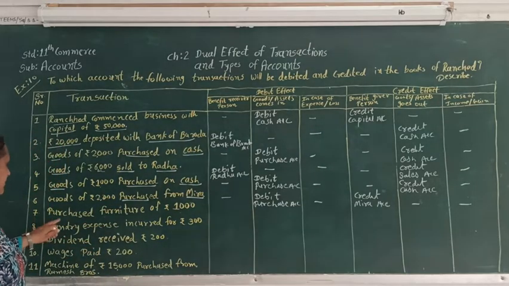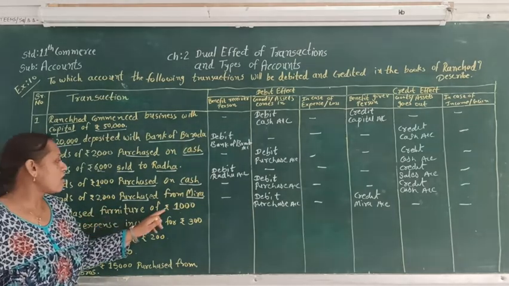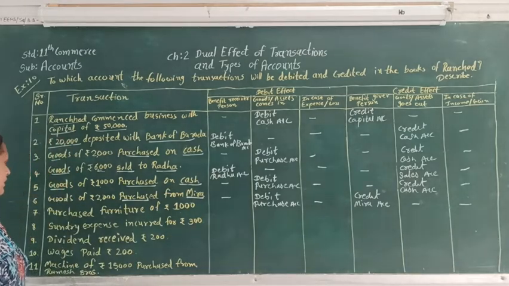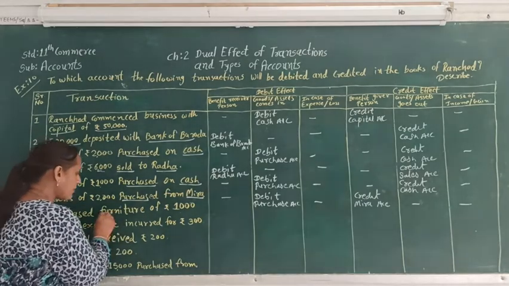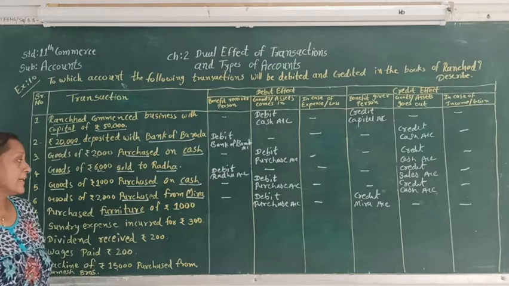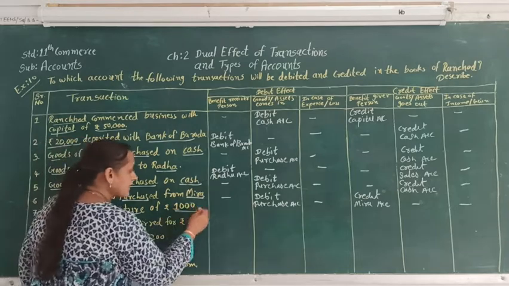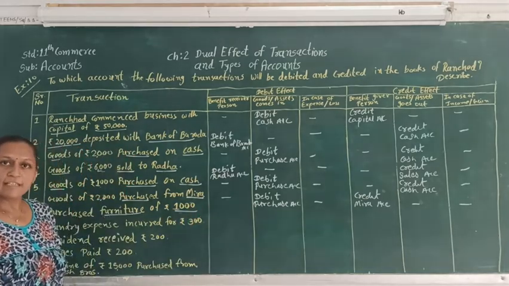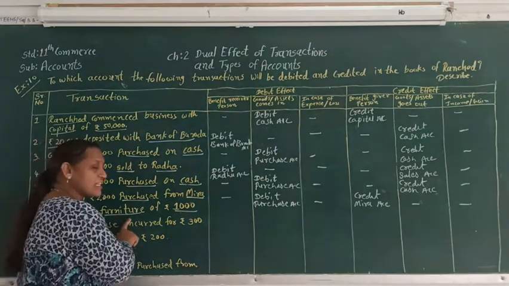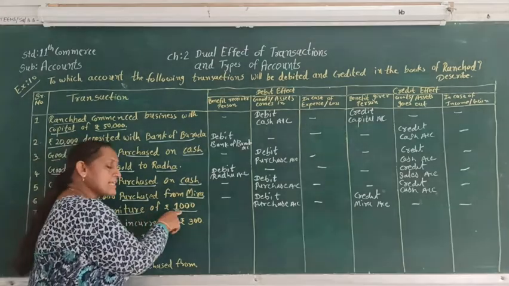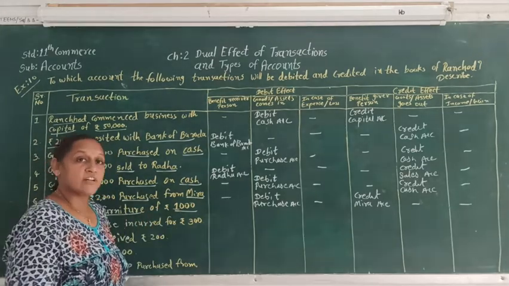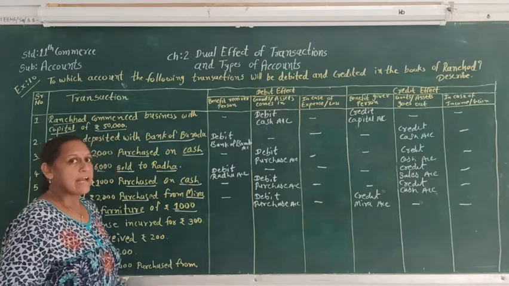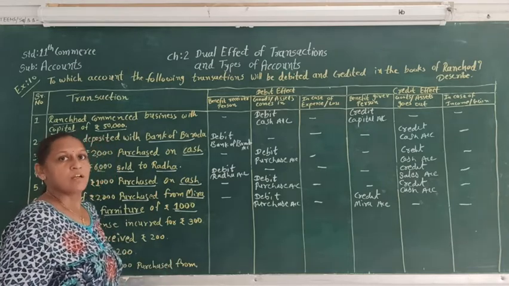Now, let's see the 7th one. Purchase furniture of rupees 1000. So here we are purchasing the asset and we are paying 1000 rupees cash. Furniture is a real account as well as cash is a real account. Furniture is coming in the business and cash is going out of the business.